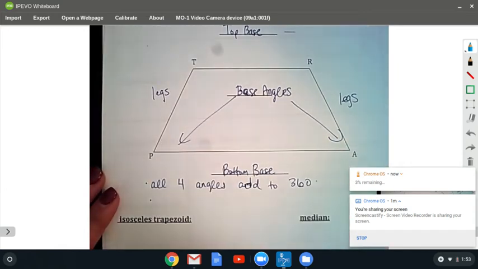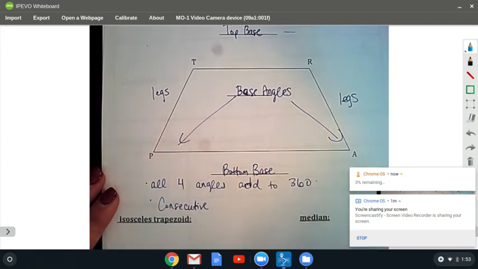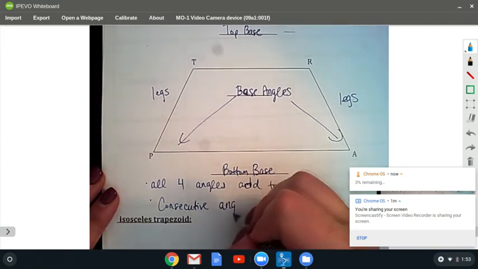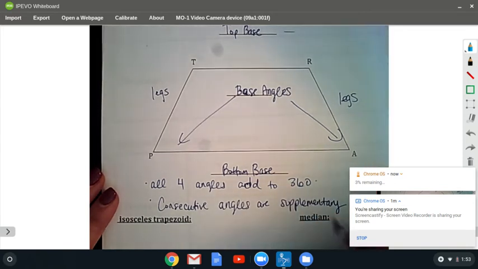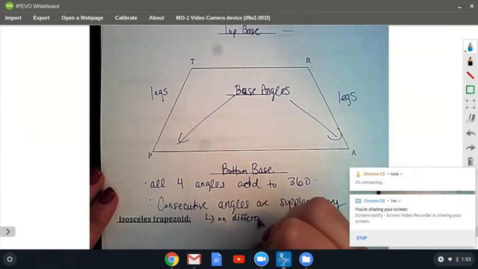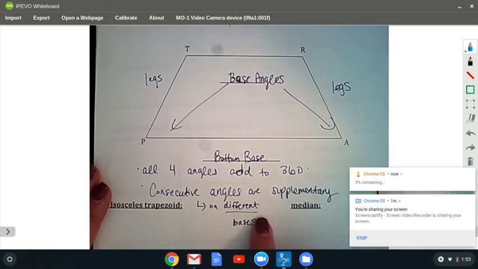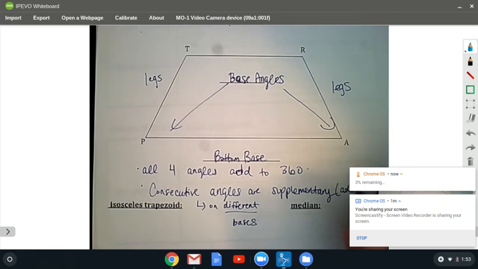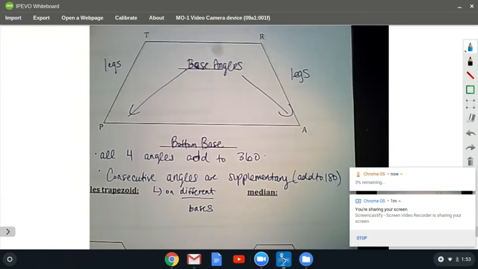The other important piece of information is that consecutive, which means next to, consecutive angles are supplementary, but it's specifically consecutive angles on different bases. That's really important. So it's consecutive angles on different bases are supplementary. Supplementary means they add to 180. Okay, so that's also important.